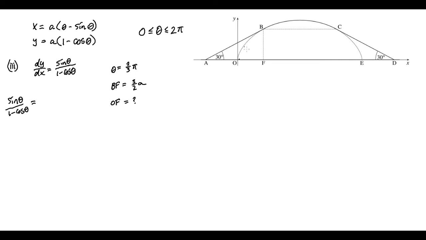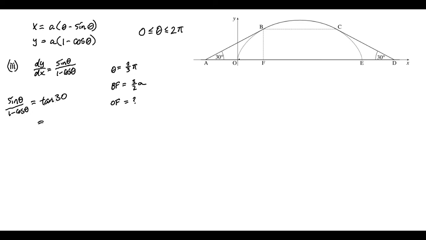How do you find the gradient of a straight line? Well, literally change in y by change in x, or BF by AF. And in trigonometry, we know that this is the opposite, this is the adjacent, and therefore we get a tangent expression. So tangent of 30 degrees, not radians, degrees, is this expression.